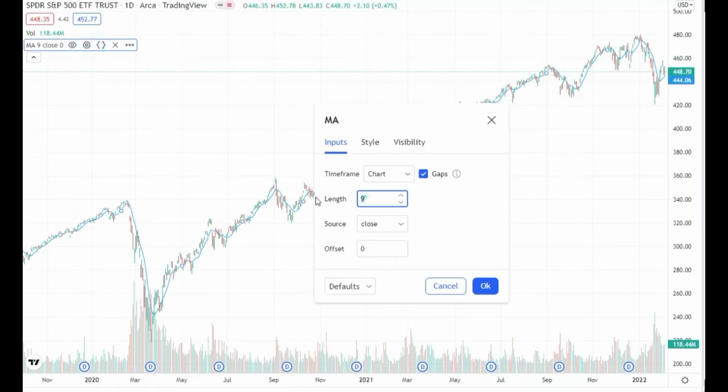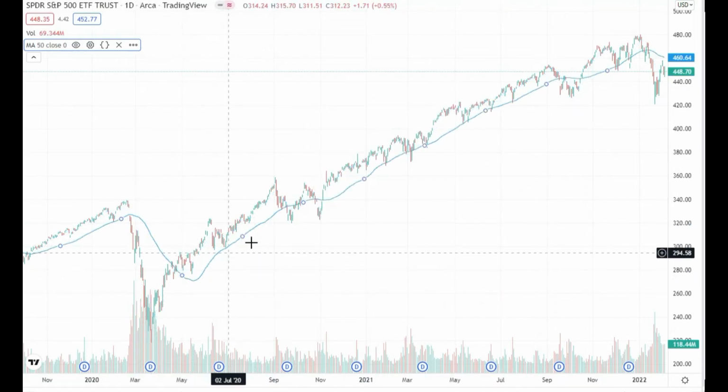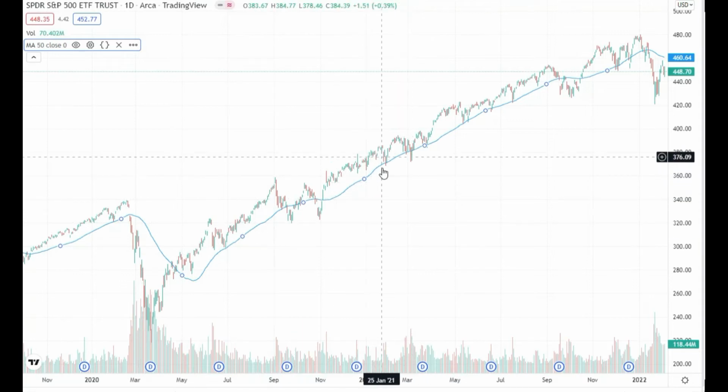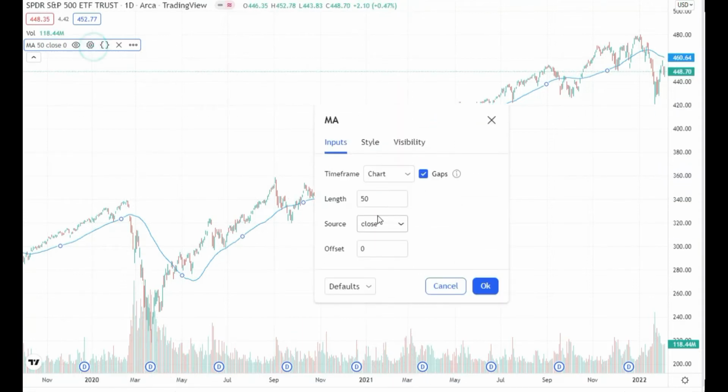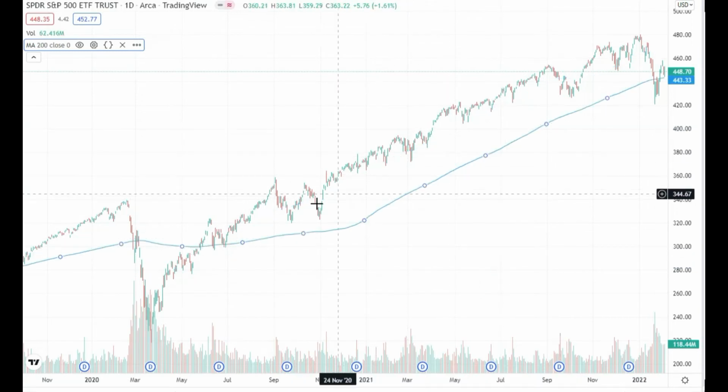And then if you go a little bit further out, the 50 starts to create a little bit more space, and then the 200, even more.